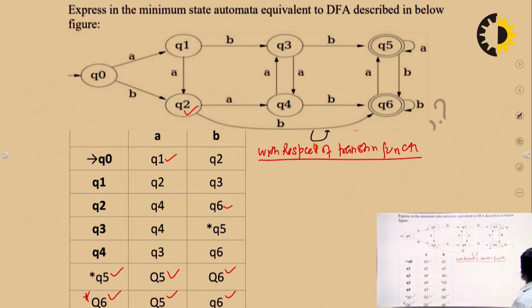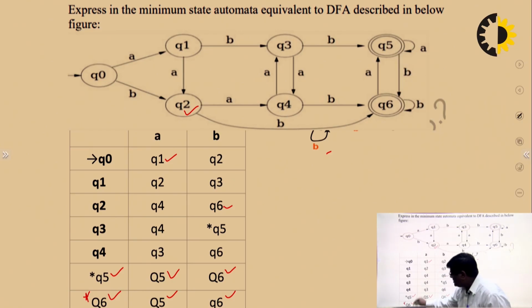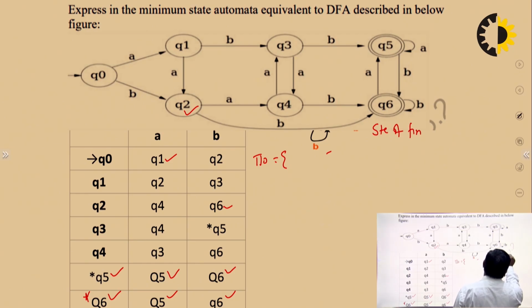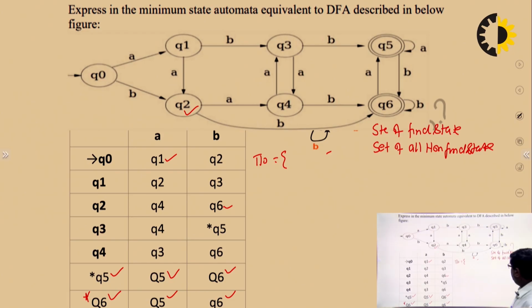Now, there are some steps to minimize the finite automata. First, all states are classified into two parts. The first part is the set of final states and the second is the set of all non-final states.